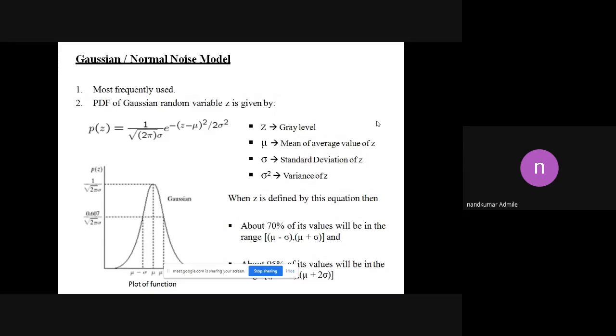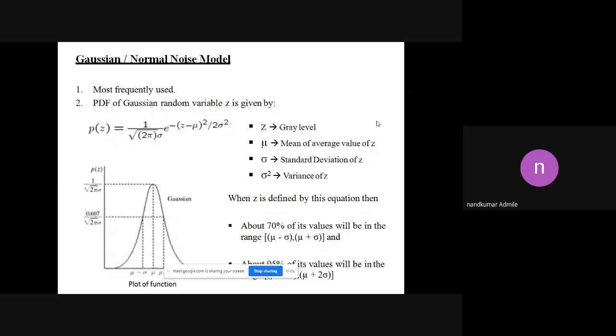By using a plot and mathematical equations, we can represent the Gaussian noise. For that we have to consider various mathematical terms: the mean, the standard deviation, and the variance. We have to consider the mathematical equation and the plot of Gaussian noise.